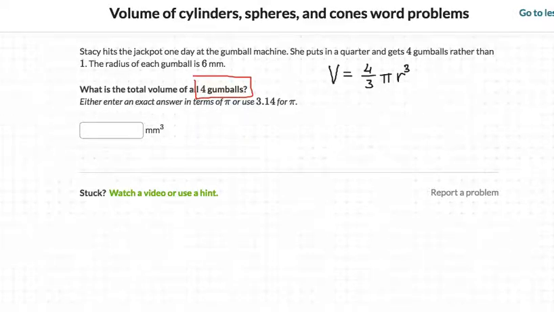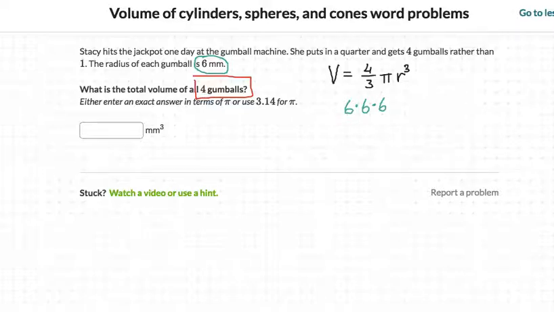So let's set up the entire problem. 6 millimeters is our radius, so we're going to plug that one in first. That's going to be 6 times 6 times 6, which is r cubed.